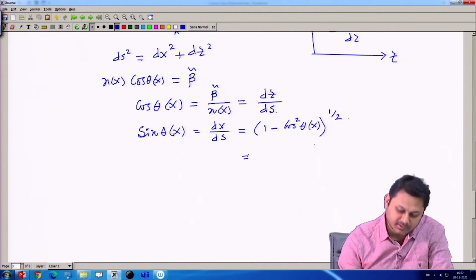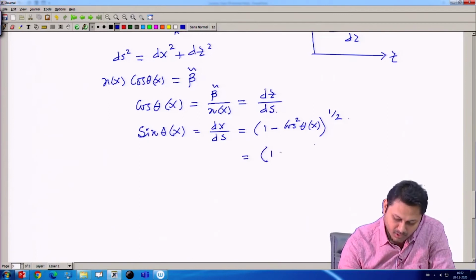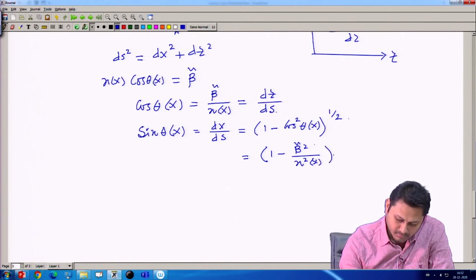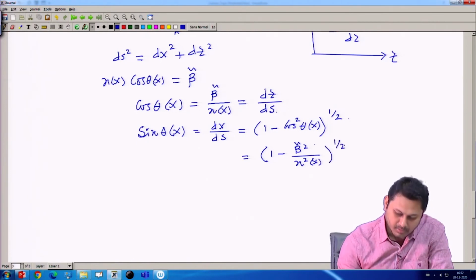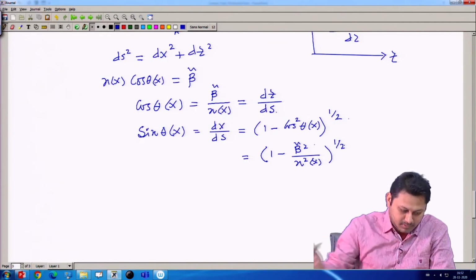And in terms of this ray path constant, this quantity is 1 minus beta square divided by n square.